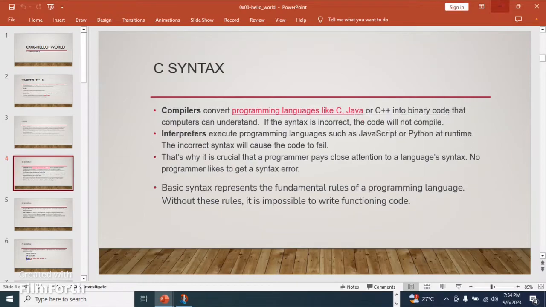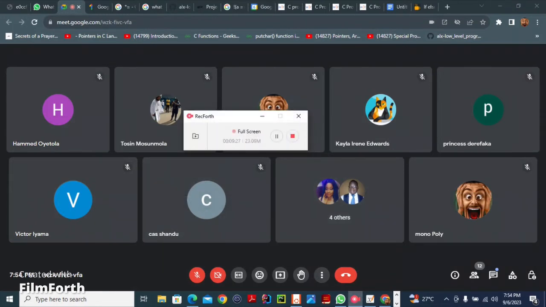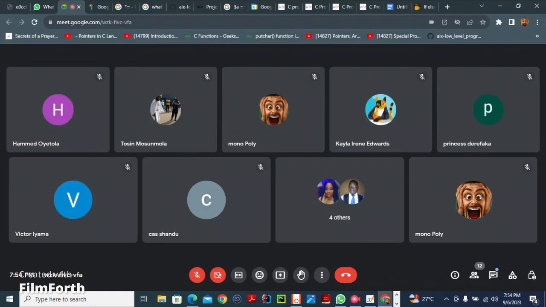And what is runtime? Runtime refers to when the program is running. When the program is running, the code is running. That is runtime.